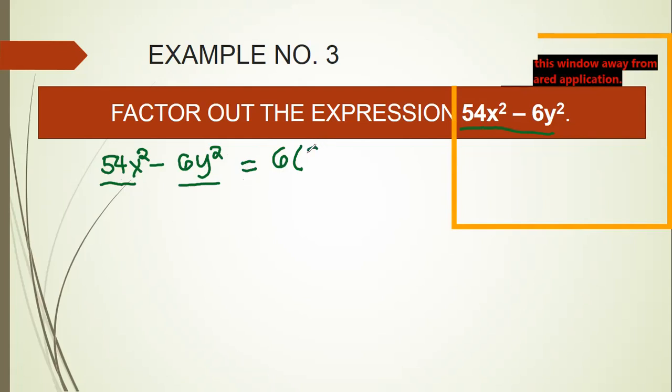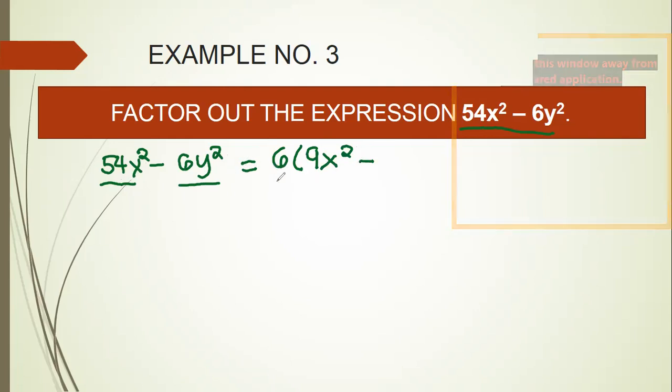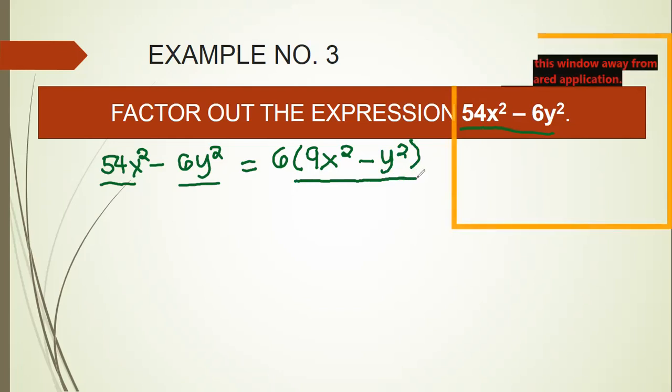That's 9, minus, what factor are we going to multiply to 6 to obtain 6y squared? It's only 1. Okay, now, can we now use the difference of two squares formula? Yes. So this will be 6 multiplied by 3x.